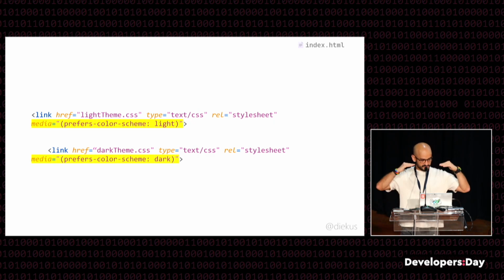The first line of each, before the one that's in yellow, is just normally how you would add a CSS file. But here we're adding a CSS file that's specific to light theme and a CSS file that's specific to dark theme. So on the fly, dynamically, when your platform changes the color, then your web application or website will also change and adapt.